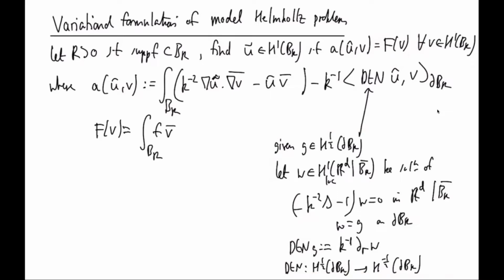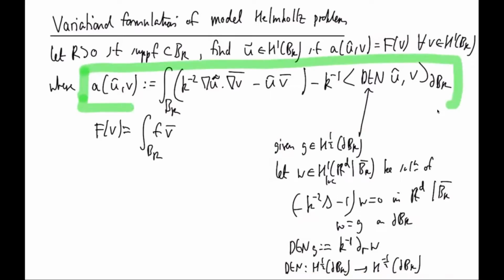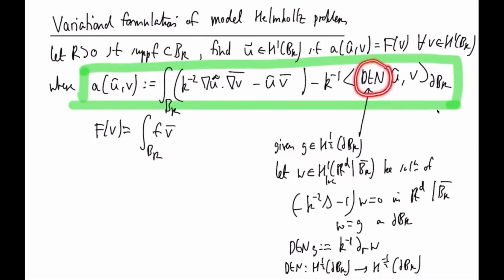Okay, so I'm hoping that people who have seen variational formulation of second order linear elliptic PDEs before will be somehow happy with this. The only non-standard thing is using this Dirichlet-Neumann map on this outer boundary.